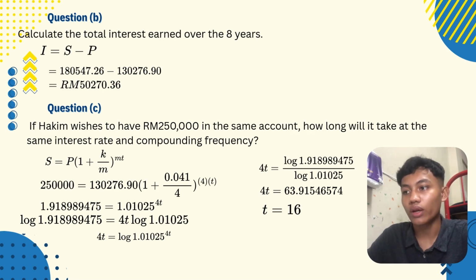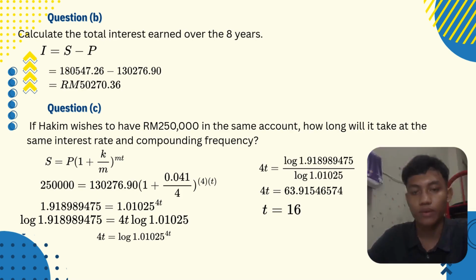So 250,000 equals 130,276.90(1 + 0.041/4)^(4 × T). So we calculate using the log method, and the value for T is 16 years.